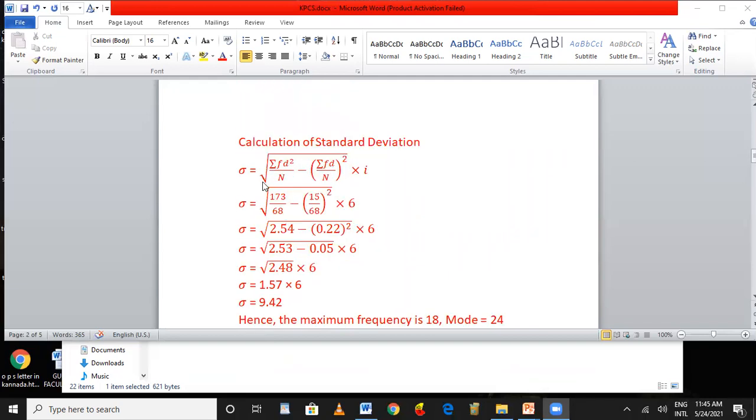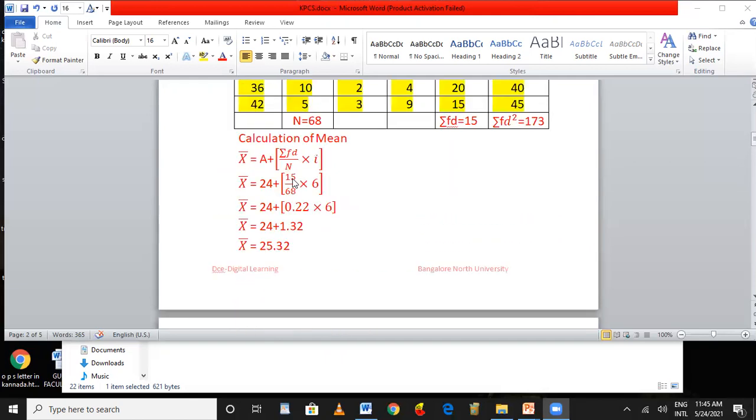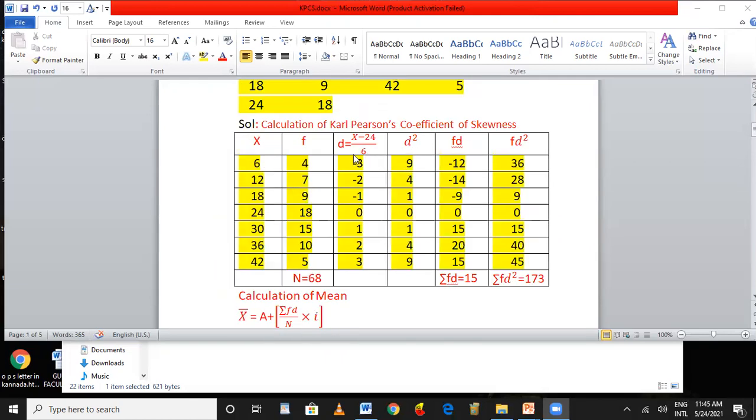For the standard deviation, the formula is the square root of sigma FD square divided by N minus, sigma FD by N whole square, into I. Sigma FD square you have to calculate. For that, D square has to be multiplied with the F. 4 into 9, 36. 7 into 4, 28. 9 into 1, 9. 18 into 0, 0. 15 into 1, 15. 10 into 4, 40. 5 into 9, 45.